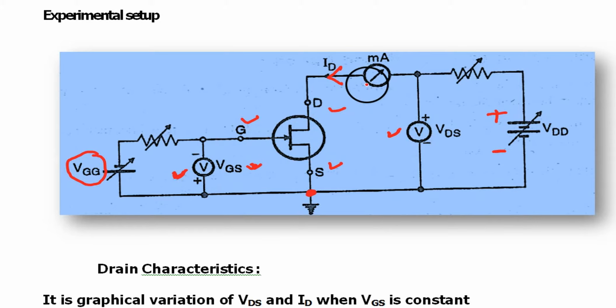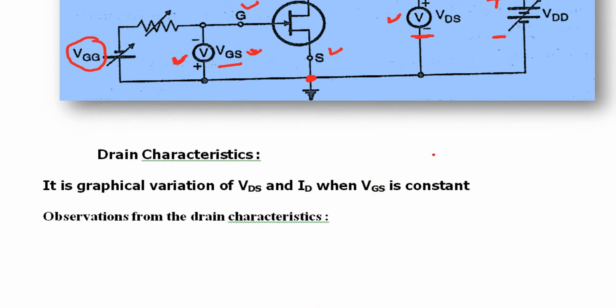Two voltages and one current. Okay, and the characteristics will be between this and this, keeping this constant. Then the characteristics mean the graph between this and this, keeping this one constant. So there will be two characteristic curves. First of all, the drain characteristics. This is a graph between what?